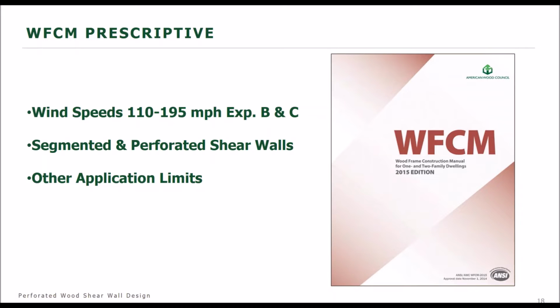You'll see here in the prescriptive chapter, we only have exposures B and C. If you're in exposure D, which is that open coastal region, that would need to be done per Chapter 2 or per the engineered chapter in the WFCM. Again, the prescriptive method allows us to use segmented or perforated shear walls. It gives us the option of whichever one we like better. And again, there are other application limits based on the height and size of the structure.